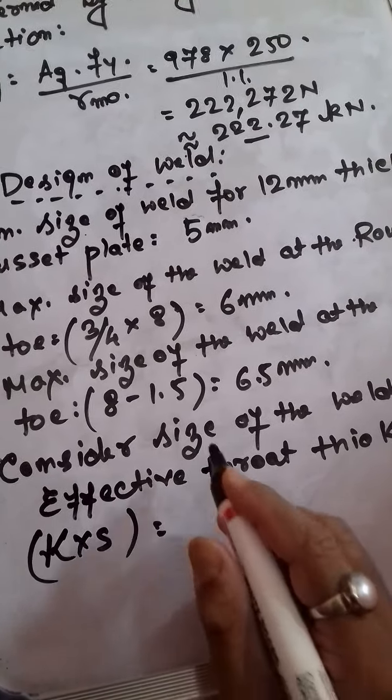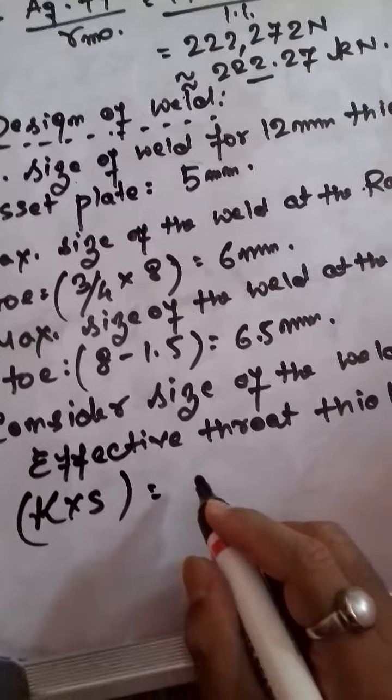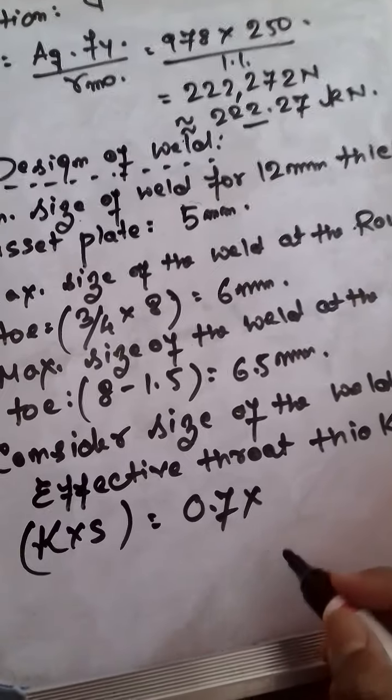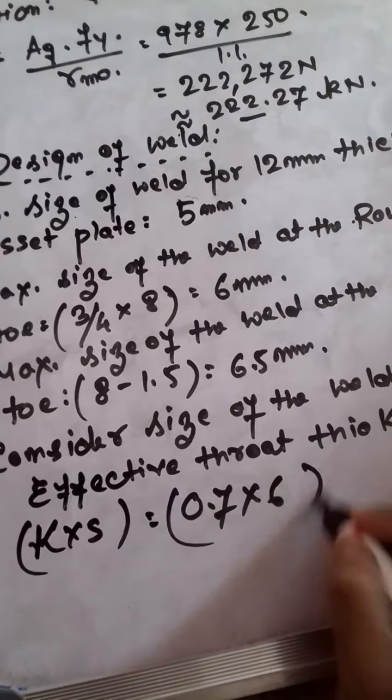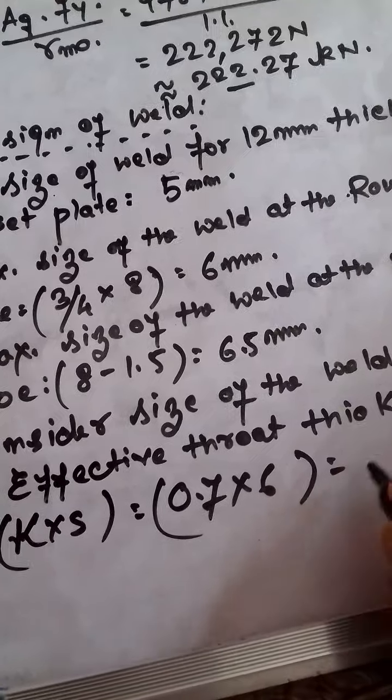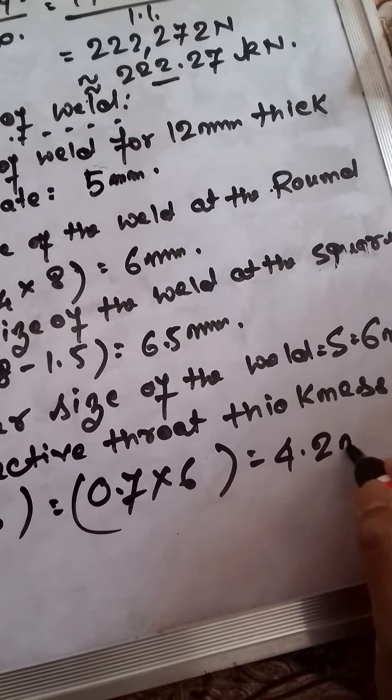In this case the angle is 90 degree, so K is equal to 0.7 multiplied by the size of the weld, which is 6, right? So effective throat thickness, we are getting it as 4.2 mm.